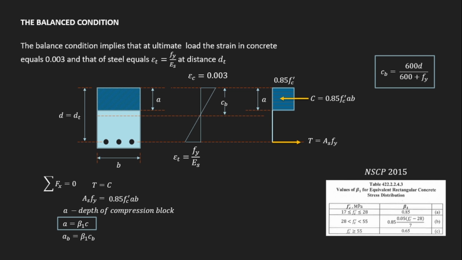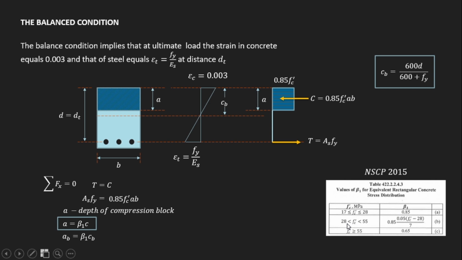So, sa NSCP guys, meron tayong value for beta 1. So, for NSCP 2015 or the latest NSCP, so yung equivalent natin for beta 1, meron tayong condition na nakadepende tayo sa fc prime. So, if our range of our fc prime is from 17 megapascal to 28 megapascal, automatic yung beta 1 natin na gagamitin is 0.85.